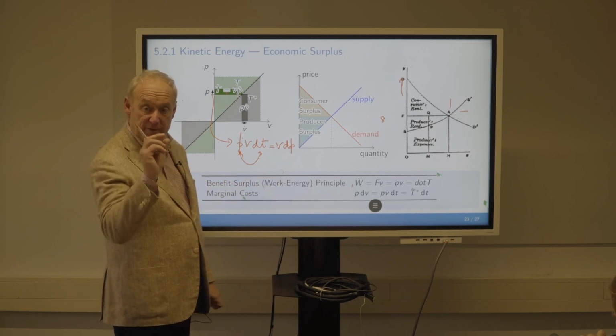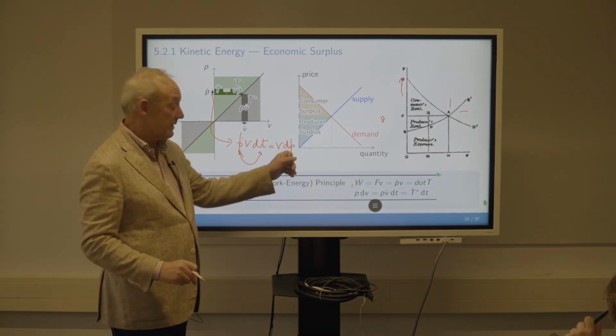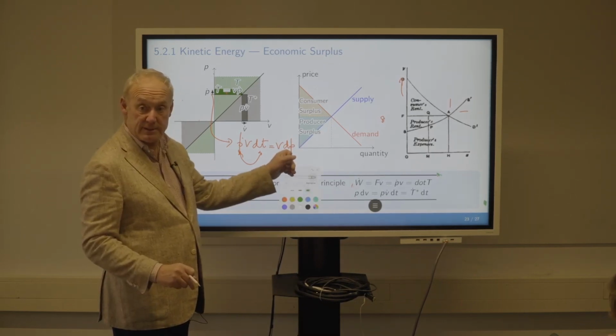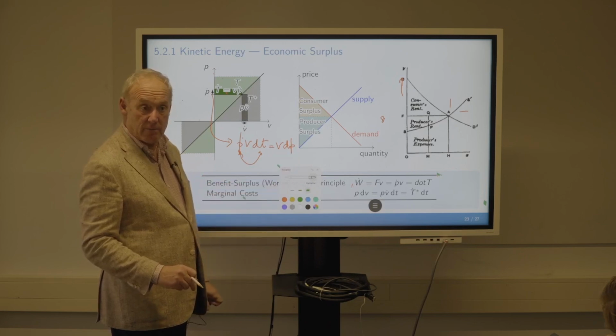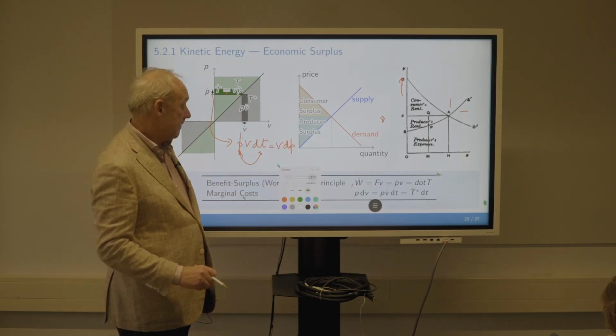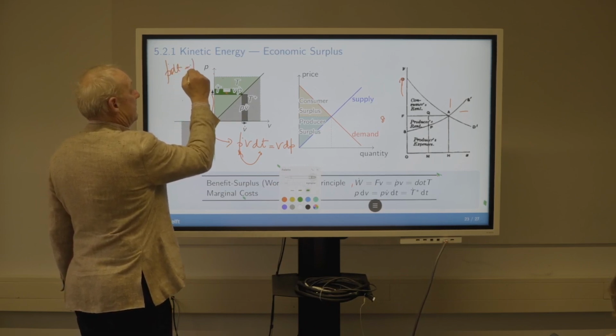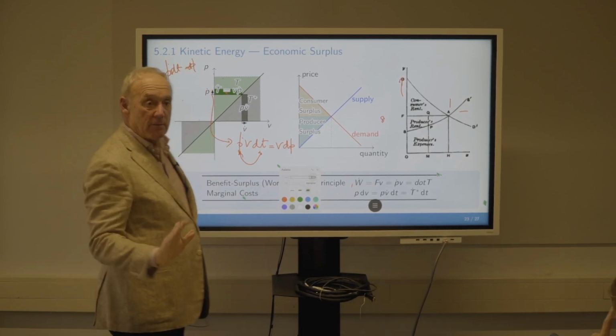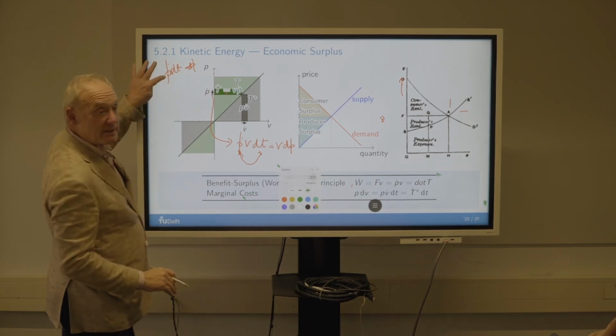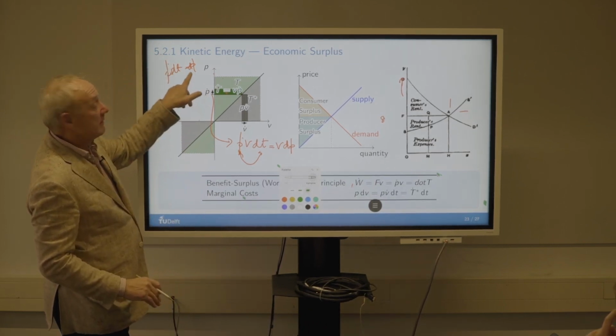It's an infinitesimal amount in which you increase the price. All I'm saying is P-dot times dt is dp. So the rate at which the price is changing times dt is dp.